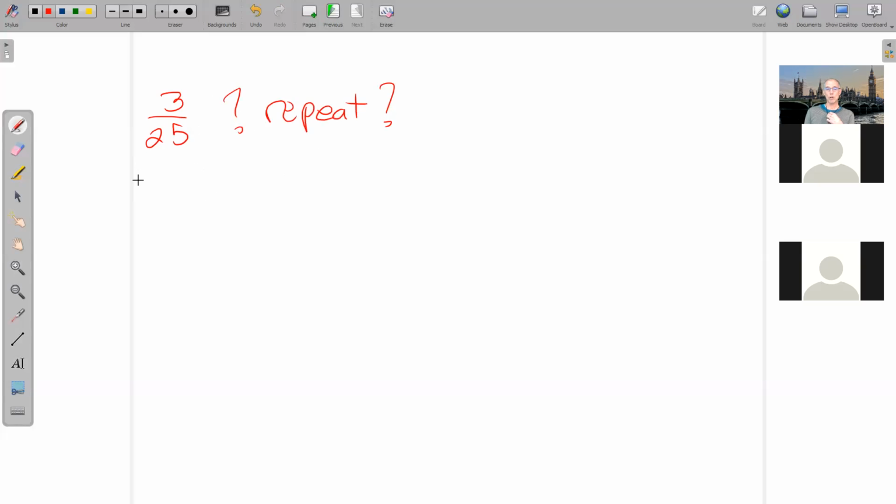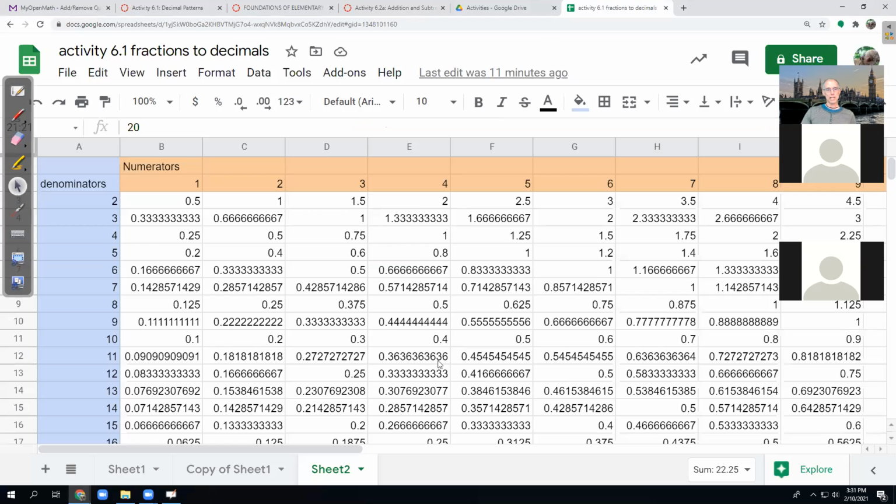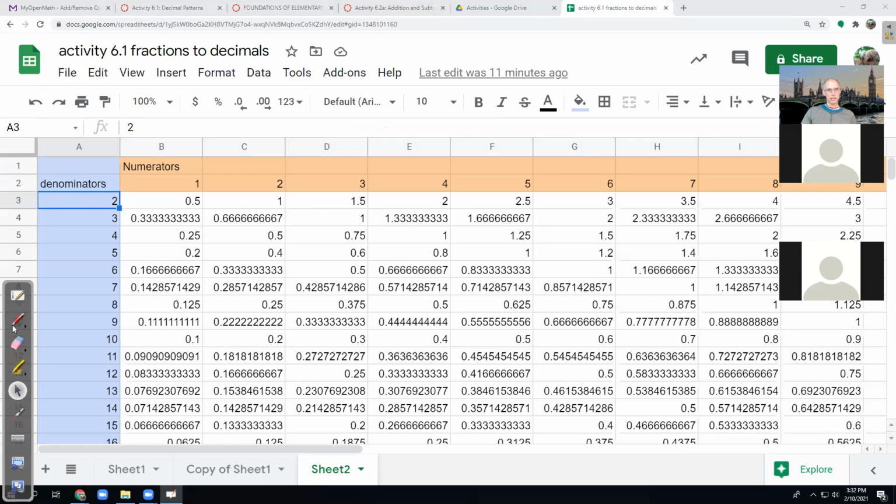Okay, so we have a whole bunch of evidence in the spreadsheet. So you need to have your spreadsheets out. And for example, halves, they don't seem to ever repeat, right? In this row. Thirds seem to repeat most of the time, except for like 3/3 and 6/3, where it's not really a fraction anymore.